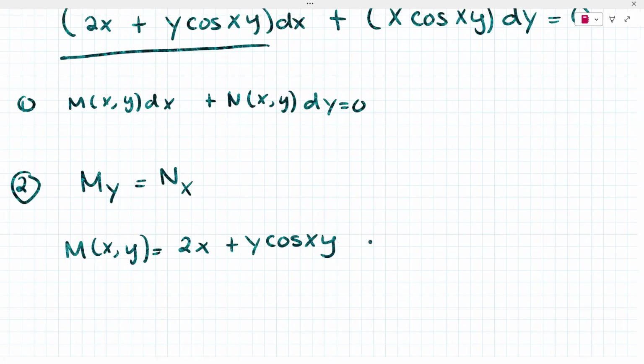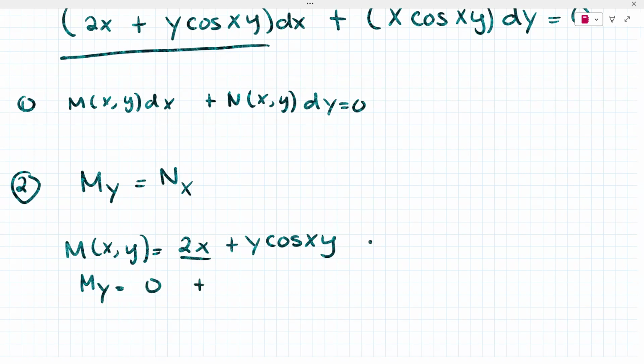And then we just have to take the derivative in respect to y. Remember, we're taking the derivative in respect to y. So if it does not have a y, it's a constant. This 2x does not have a y, so the derivative of the constant is 0.